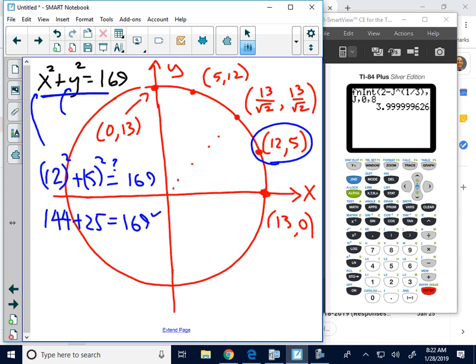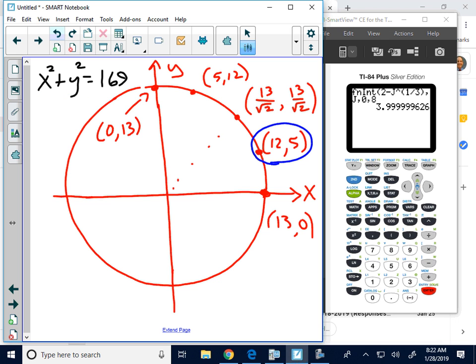Now, the one that was sort of weird was the one that had 13 over the square root of 2 for x and y. How would you verify that one's on the circle? Well, this is not rocket science. We know how to do this one. Substitute them in for x and y, right?